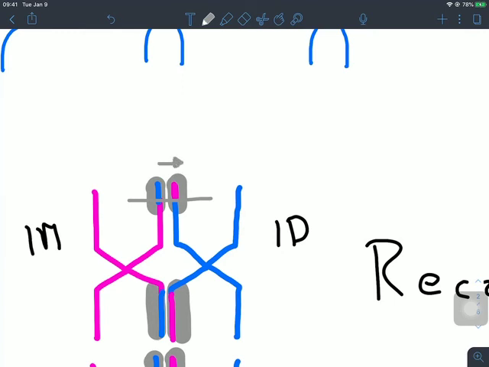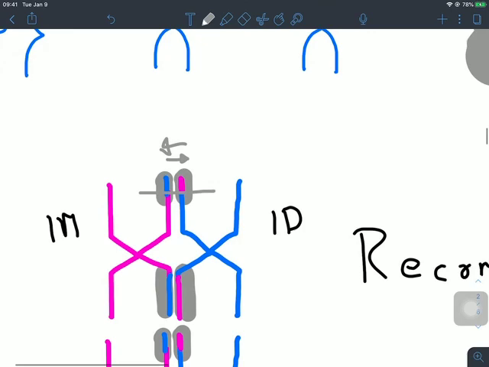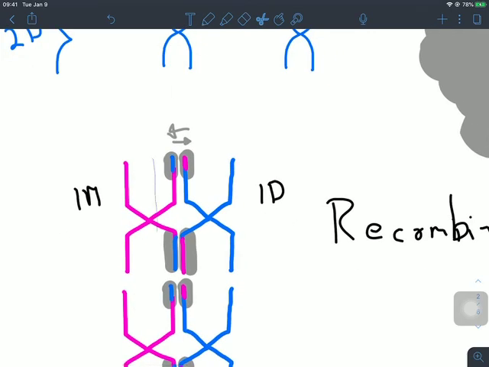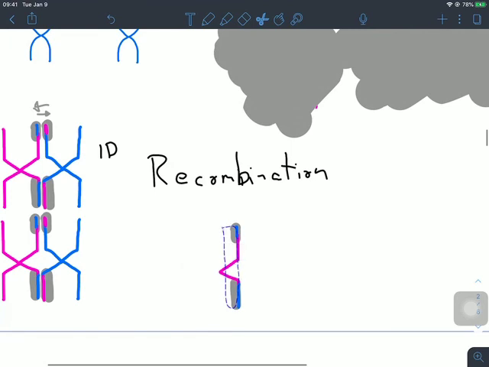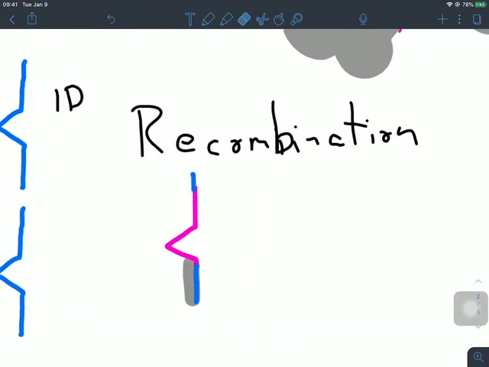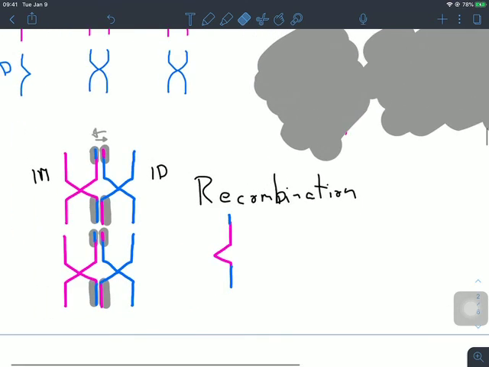Mom's piece, mom's alleles, mom's segment, popped over to dad, dad's segment popped over to mom. So now, if I were to take this chromosome and separate it, you can see that there are different components made of each parent.